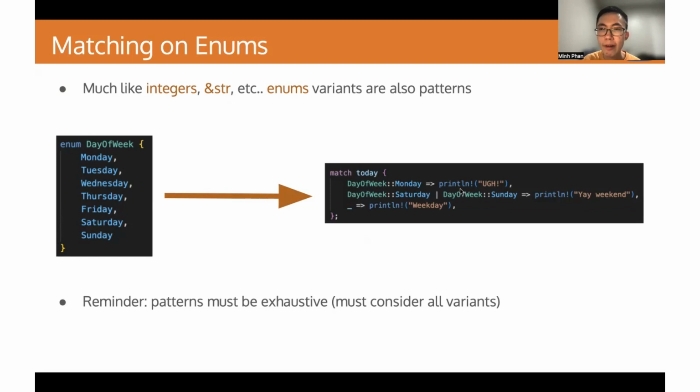And we also check for patterns Saturday and Sunday, where we will print something like, yay, weekend, because it's the weekend. And for all the other days, we just print weekday, because they have nothing special. And again, patterns must be exhaustive. That means when we match on an enum, we must consider all variants.